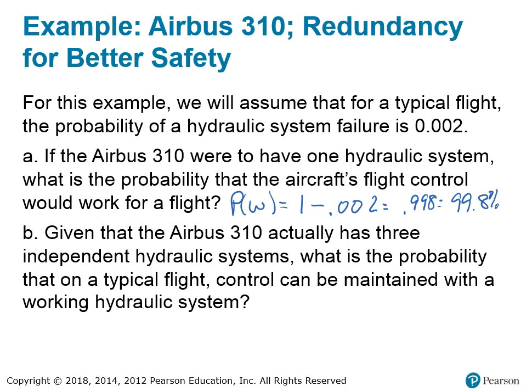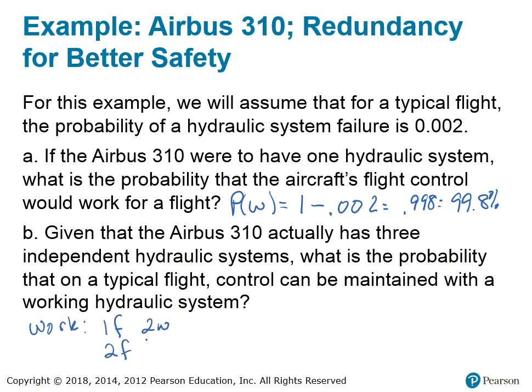Now, this actually has a 3 independent hydraulic system setup. So what is the probability that on a typical flight, control can be maintained with a working hydraulic system? When we look at this one, we have to look at it a little bit differently, because if we think about it, the system would still work if 1 failed and 2 were working.